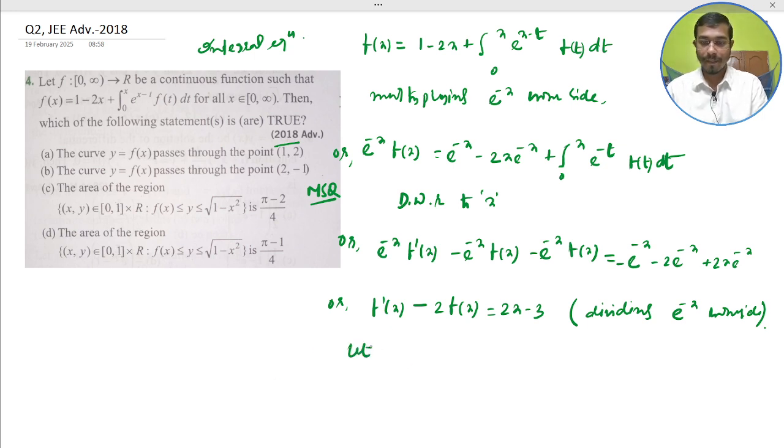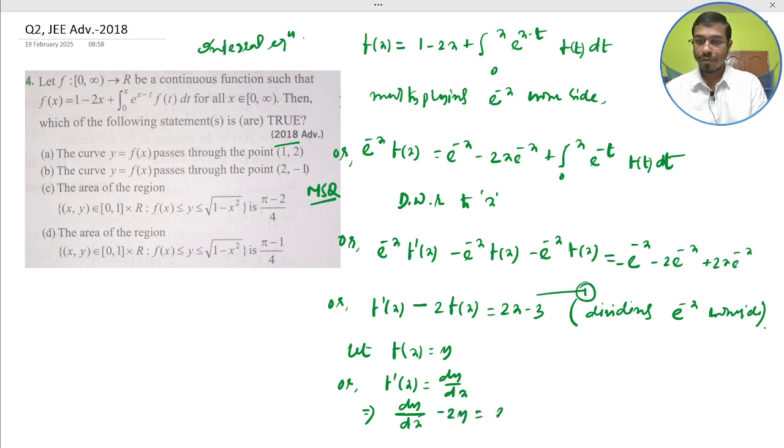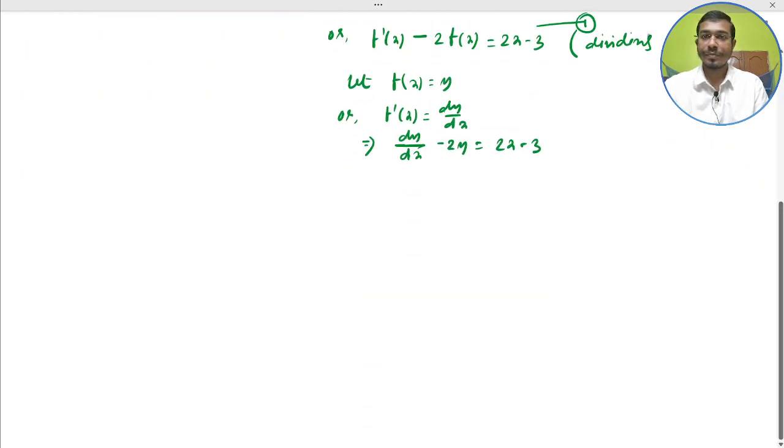Now let f(x) be y, so f'(x) is dy/dx. Putting this in equation 1, we get dy/dx minus 2y equals 2x minus 3. This is a differential equation.